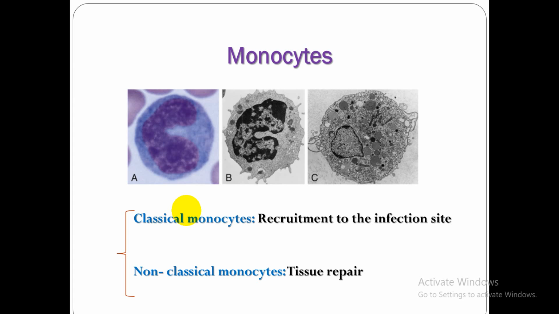So these kinds of monocytes are called classical monocytes. But we have the other class of monocytes which are called non-classical monocytes, and these non-classical monocytes are more involved in tissue repair at later stages, in final stages of the inflammation.